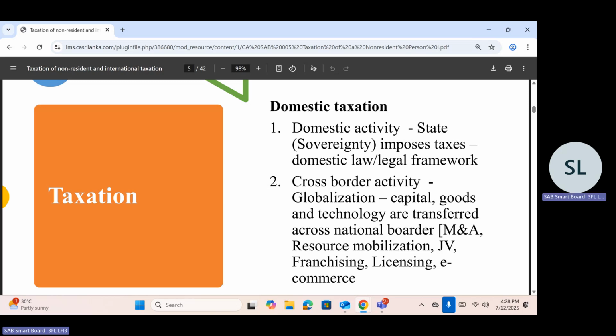Because of globalization and capital goods transfer, one country invests in another country. You can see that in the Port City now, investment is coming to Sri Lanka. So because of globalization, international or cross-border transactions are increasing. Last week we got a letter from the USA imposing a 30% tax. If we are doing any export to the USA, it is now subject to 30% cross-border tax.